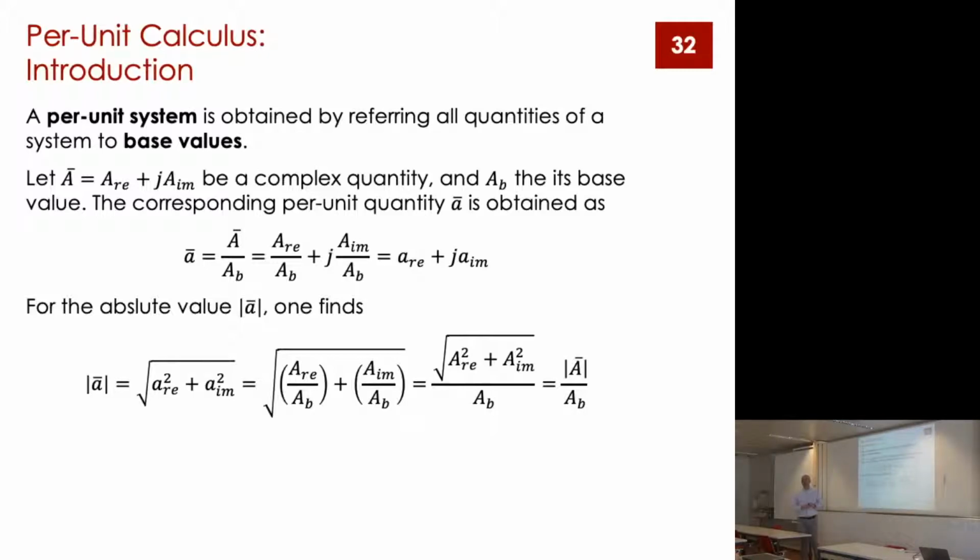Why is the per unit method very interesting? Well, I don't know whether you pay attention to that, but electrical circuits are characterized by parameters, by quantities that vary over several orders of magnitude. It's a very unique property in our universe.